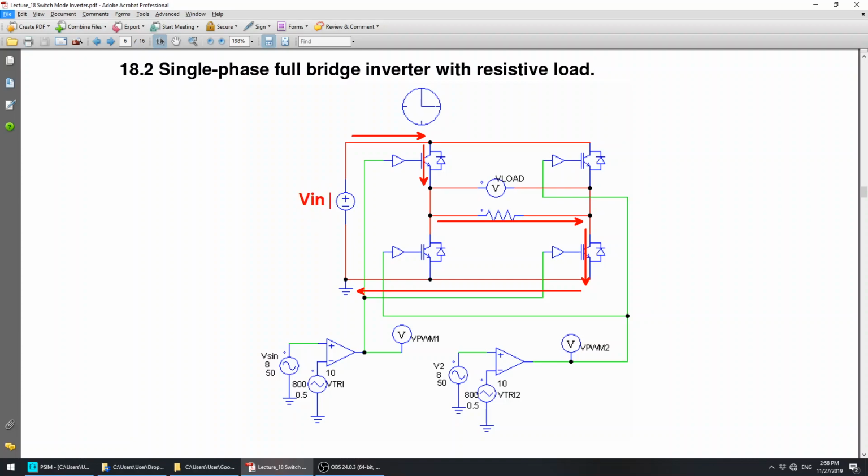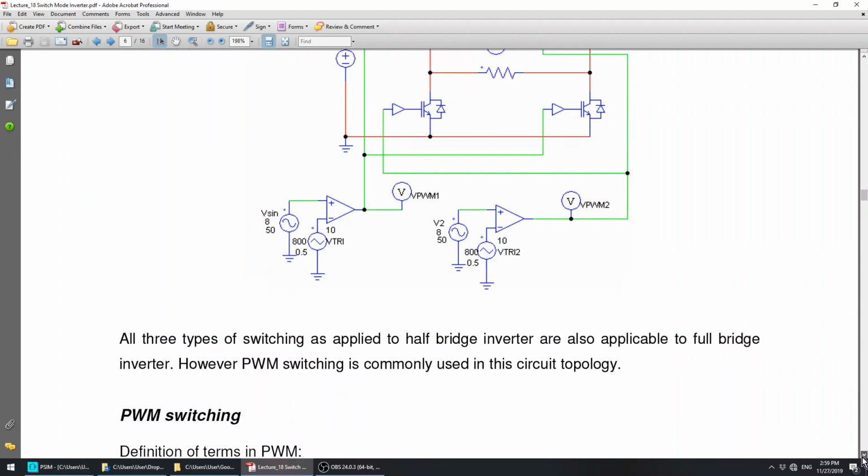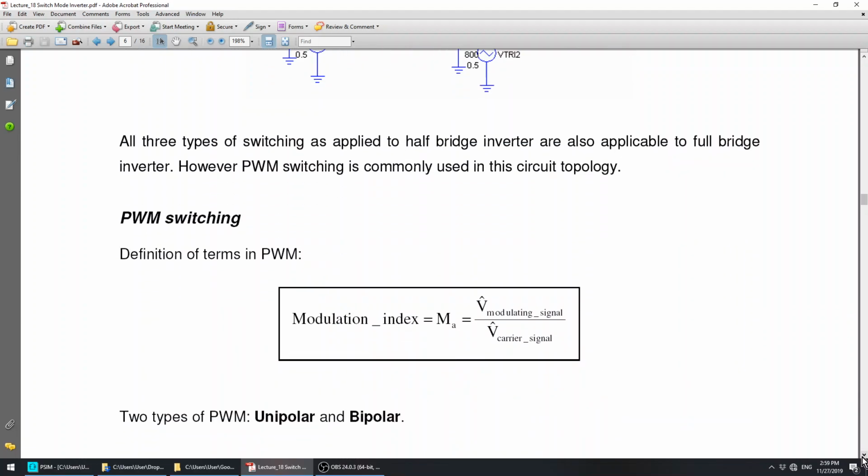Whatever the value of V in will also be impressed across the load RL here. So we start with a unipolar PWM. Again, the modulation index equals the V peak of the modulating signal divided by the V peak of the carrier signal.